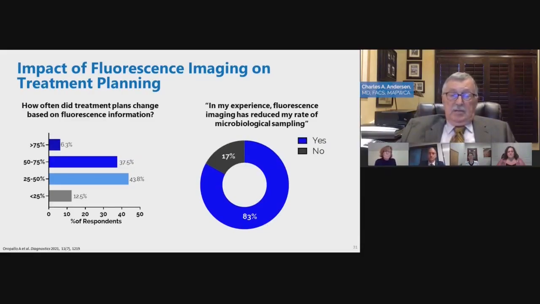Somewhere around 60% of the time, if you just make the decision what you're going to do on that clinical assessment alone, and then you do the scan, about 60% of the time something's going to change.